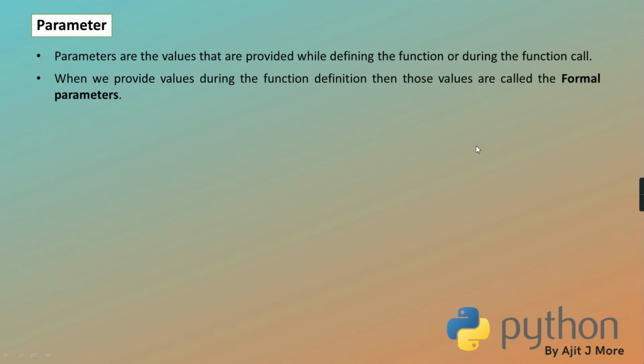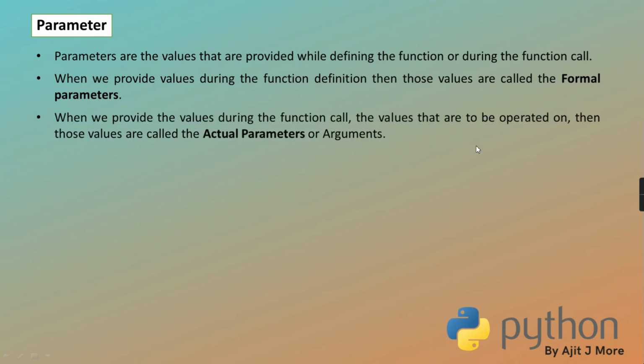When we provide values during the function definition, meaning those which are received in the definition, they are treated as formal or dummy, and those values which you pass at the time of call, on those values that function is going to operate, are called actuals.